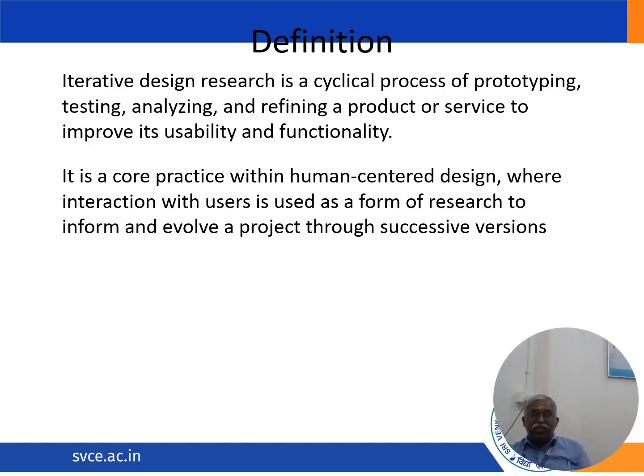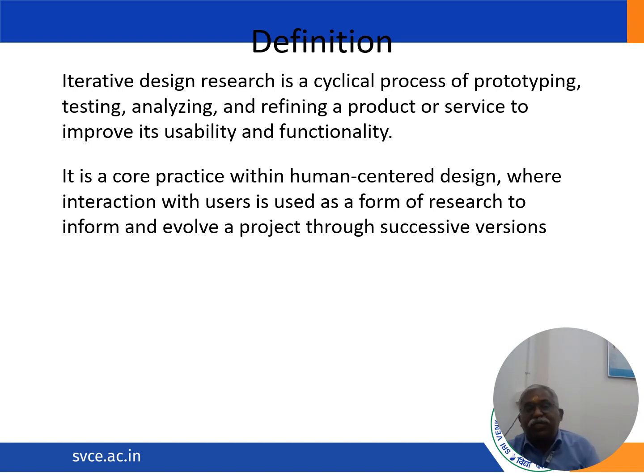Interactive design research is a cyclic process. It starts from our problem statement, then we have a definition, ideation, prototyping. With that prototyping, we have a cyclic process. First we develop the prototype and go for testing, and before reaching the customer we implement many modifications, particularly in the prototyping.